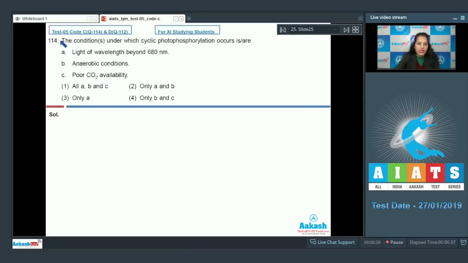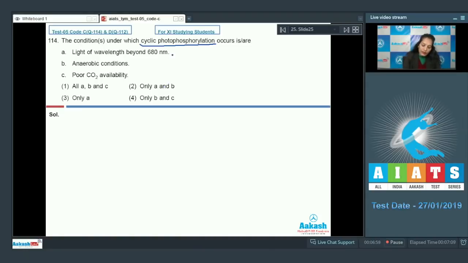Question number 114. Conditions under which cyclic photophosphorylation occurs are A. Light of wavelength beyond 680 nanometer. B. Anaerobic conditions. C. Poor CO2 availability. First option all A, B and C. Second only A and B. Third only A. Fourth only B and C. So the conditions under which cyclic photophosphorylation occurs means when cyclic flow of electrons takes place.